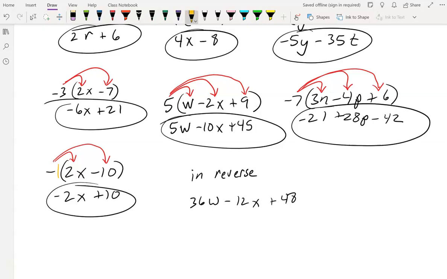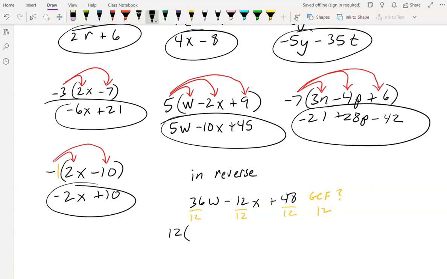So I want to look at all my numbers and see what they have in common. What is the greatest common factor in each of those numbers that I can pull out? And if I'm not mistaken, the greatest common factor for all of these would be 12. So if I divide 36 by 12 and negative 12 by 12 and 48 by 12, I am going to then pull that 12 out. I'm going to put it outside the parentheses, and what is going to be left inside?